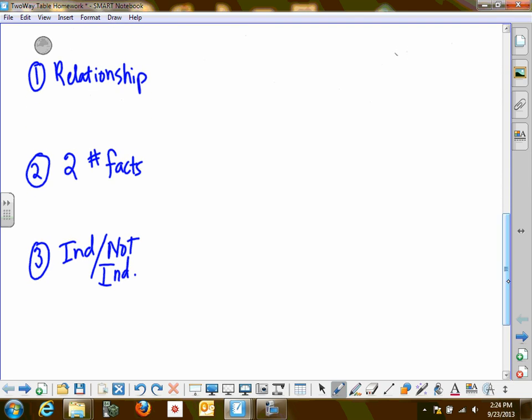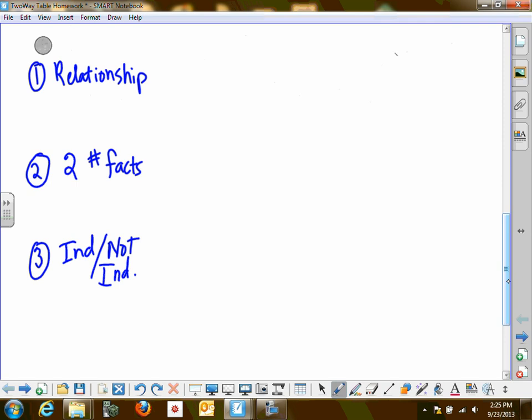All right, I want to walk you through a formula of the paragraph and the information that I want your paragraph to have. This is a summary that leads you from the data to your conclusion of independent or not independent. Here we go. The first thing I want you to do is tell me if there's some relationship between the 2 variables. Now, what were the 2 variables in this situation?